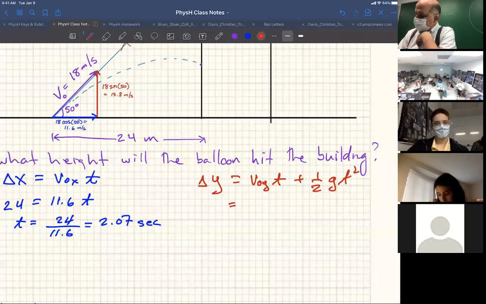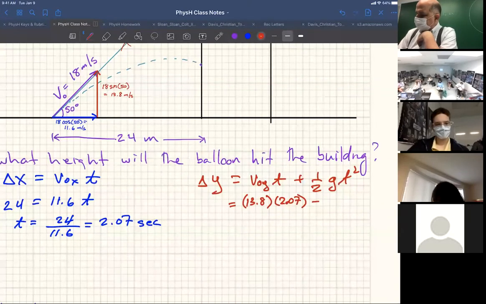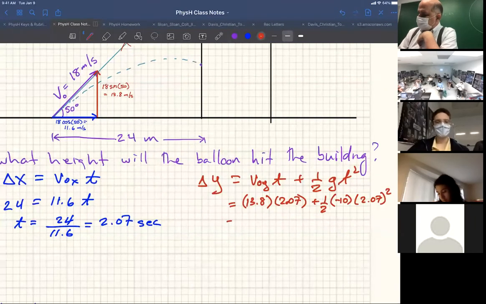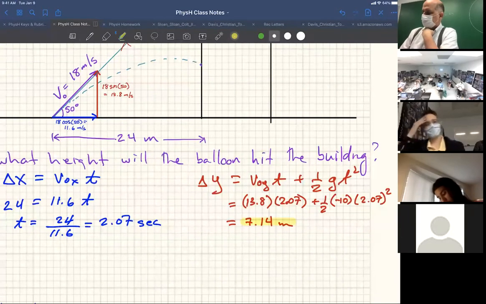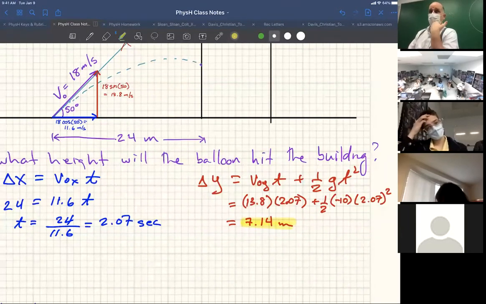So this is equal to 13.8 times 2.07, plus 1/2 times minus 10 times 2.07 squared, which I think is 7.14, if you do all those numbers. So about 25 feet off the ground, something like that.